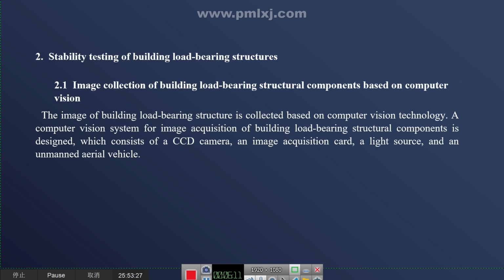A computer vision system for image acquisition of building load-bearing structural components is designed, which consists of a CCD camera, an image acquisition card, a light source, and an unmanned aerial vehicle.